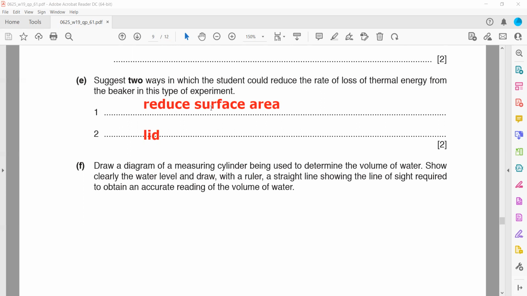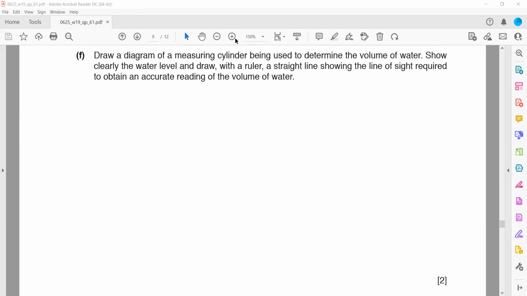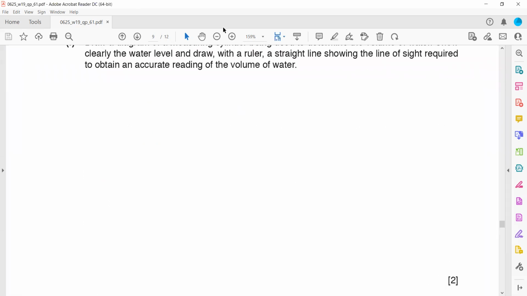Draw a diagram of a measuring cylinder being used to determine the volume of water. Show clearly the water level and draw with a ruler a straight line showing the line of sight required for accurate measurement. So we have to draw a measuring cylinder here. For water, we always read the lower meniscus, or the bottom of the meniscus.